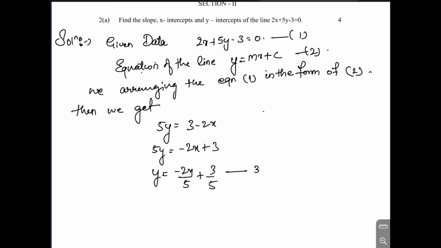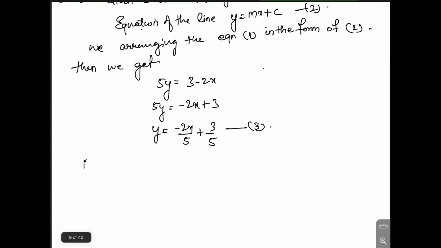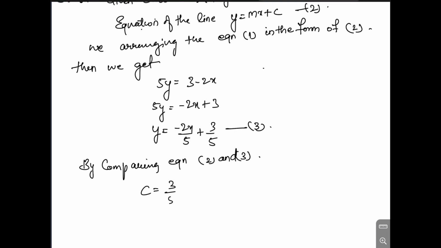this is equation 3. By comparing equation 2 and 3, we can see here c equals to 3 by 5 and m equals to minus 2 by 5.